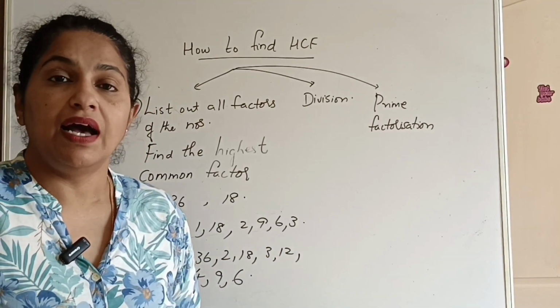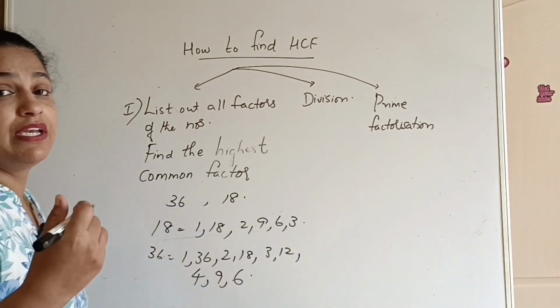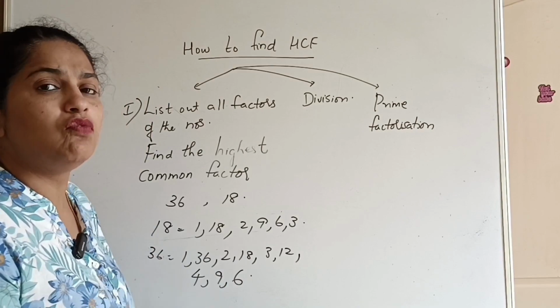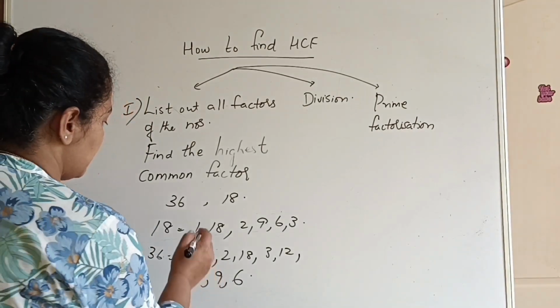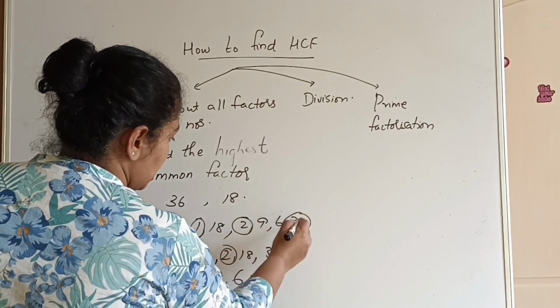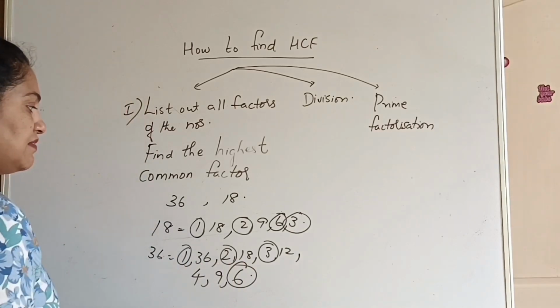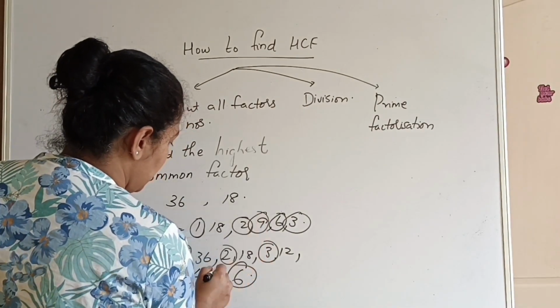Okay. I have listed out the factors of 18 and 36. From that, I will find out the highest common factor. So, what are the common factors for 18 and 36? I have got 1, I have got 2, I have got 3, I have 6, I have 9.